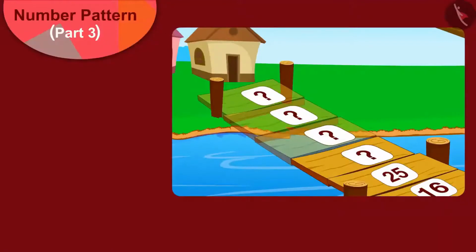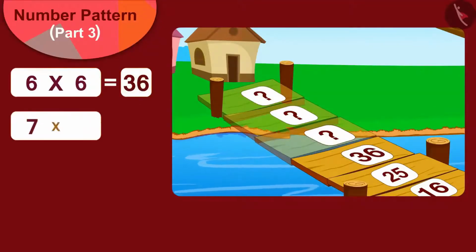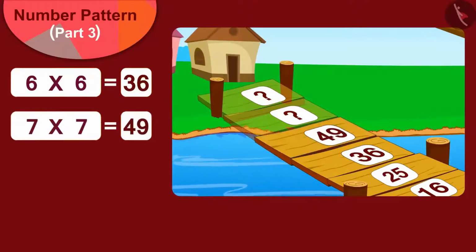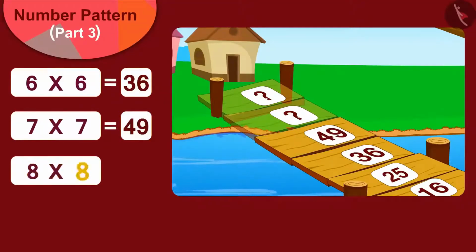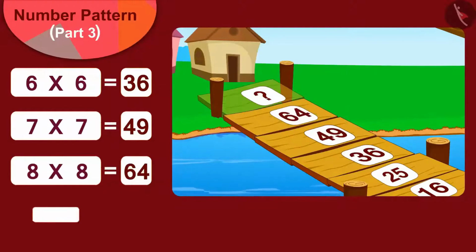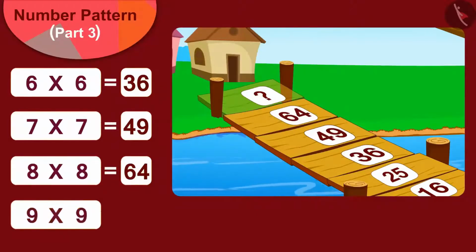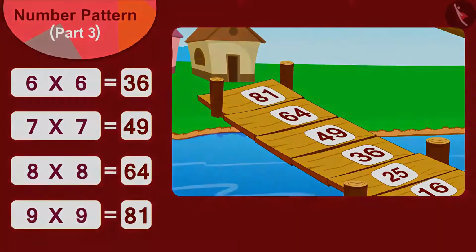Yes, the remaining 4 planks of the bridge will be numbered 6 times 6, 36. 7 times 7, 49. 8 times 8, 64. And 9 times 9, 81.